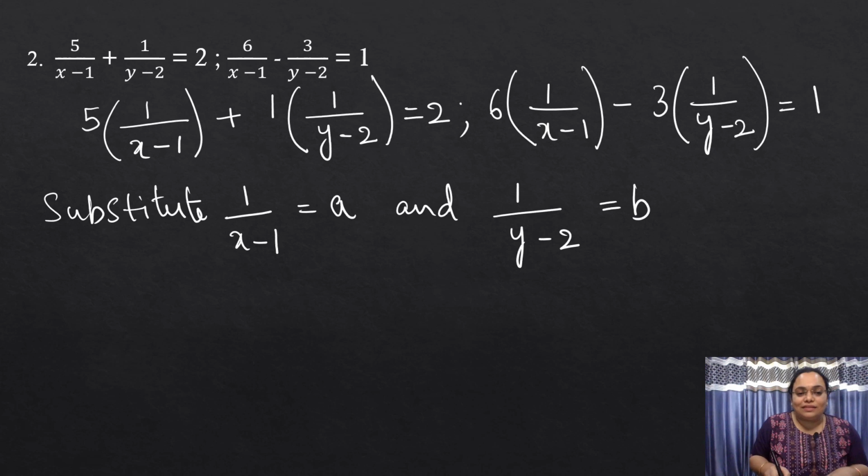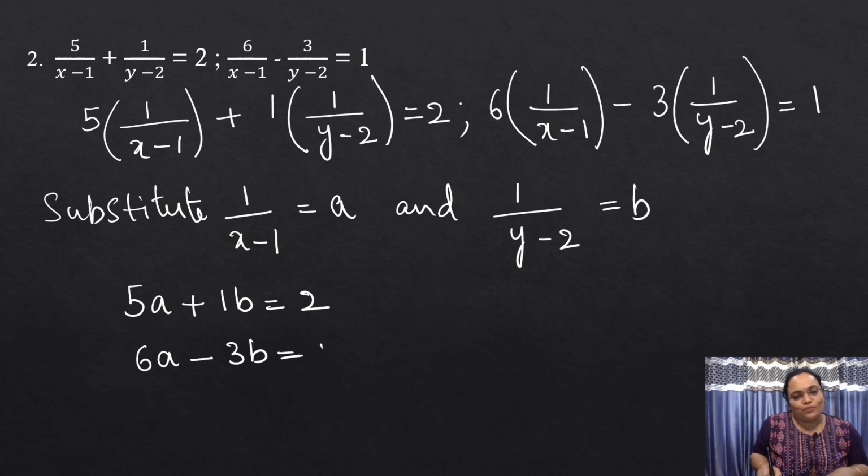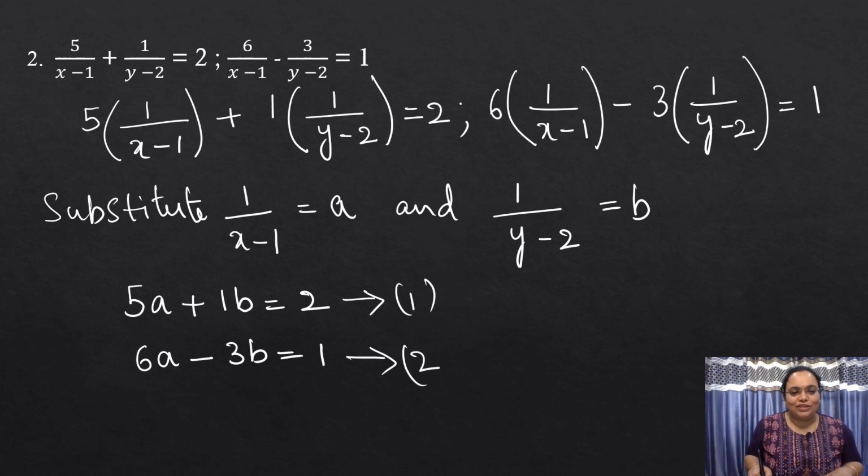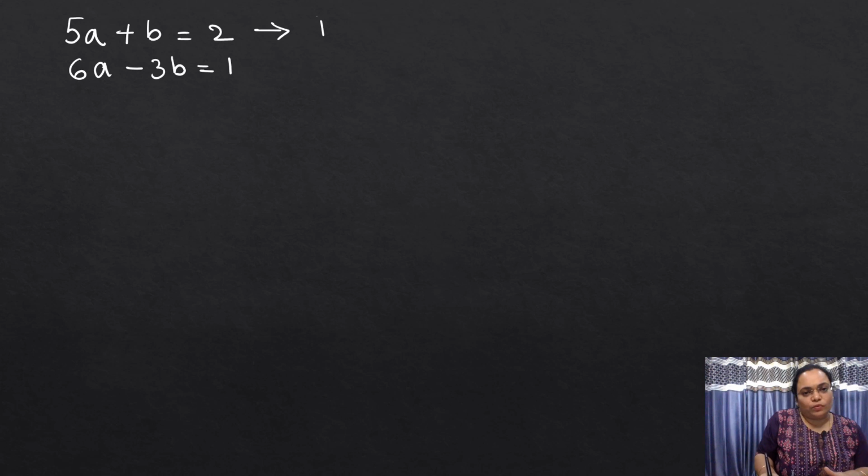Now this changes to 5a plus 1b equals to 2, and 6a minus 3b equals to 1. This is a pair of linear equations in two variables, right? So this is our equation 1 and this is our equation 2.